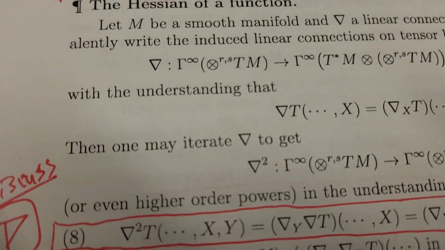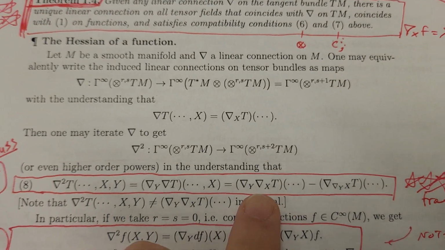Nabla takes in an (r,s) tensor T and gives me an (r,s+1) tensor nabla T, where the final input, the s+1 input, is going to take in a vector field X and return an (r,s) tensor nabla_X T. So let me just show you that. You can pause the video.